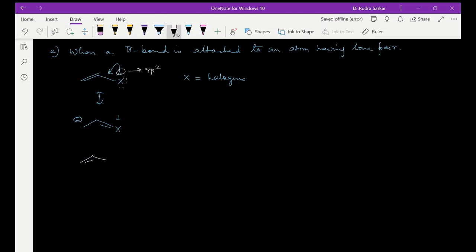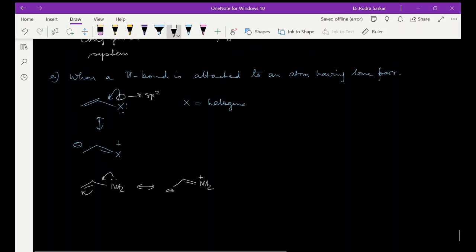So suppose we have NH2, then such electron donation is possible, and whenever electron is donated towards the pi bond, we will show, or we will say that these are showing plus M effect or plus mesomeric effect.